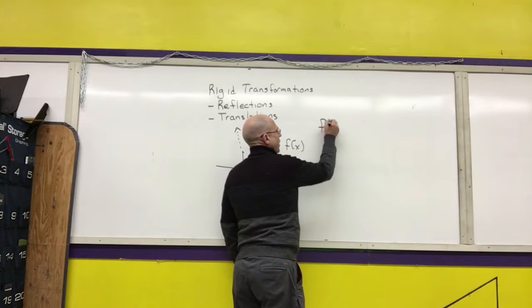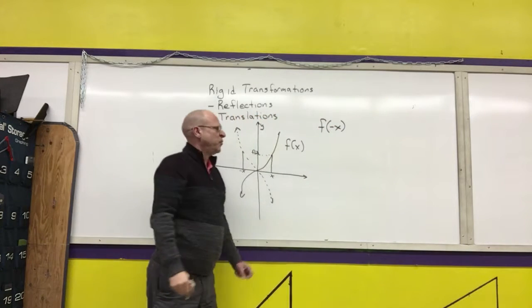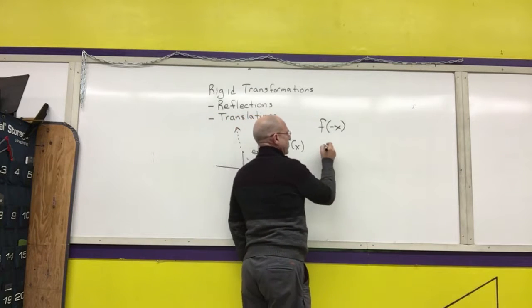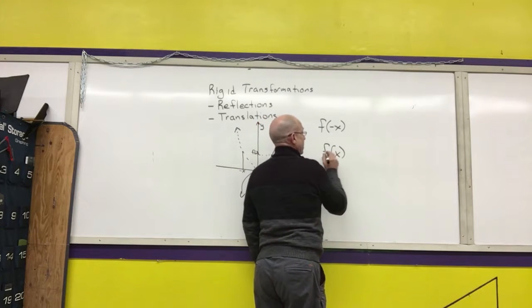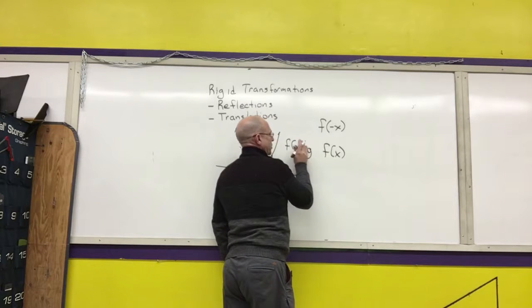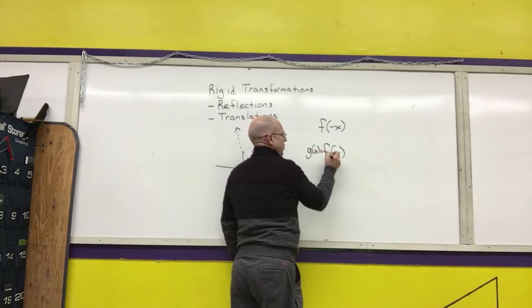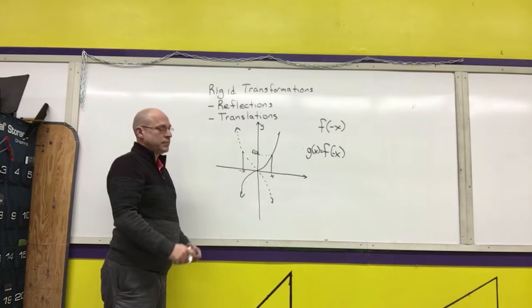So f of negative x gives me the reflection across this axis. And the way I can write it as a transformation is, called my new function g of x, g of x is equal to f of negative x.